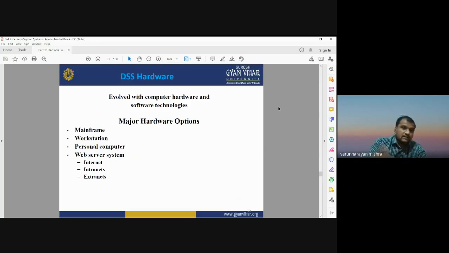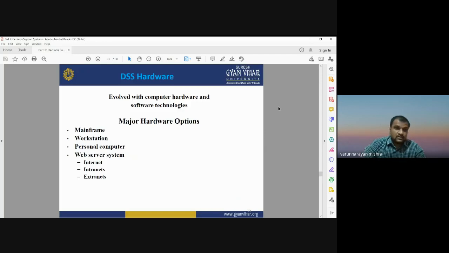The major hardware options are mainframe computers, workstations. You can also use personal computers, PCs, and there is also the requirement of web server systems. Internet should also be there. So these are some hardware requirements for creating any decision support system.